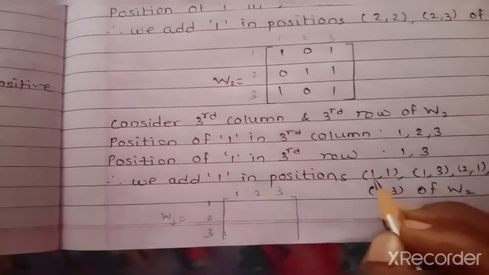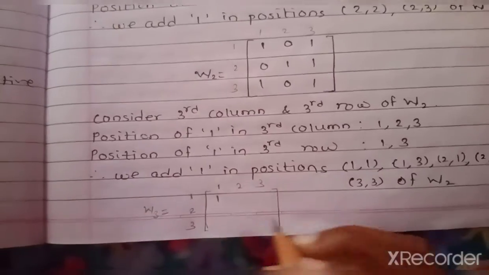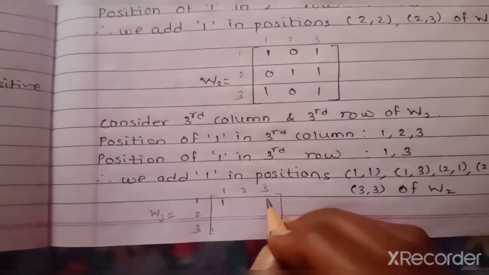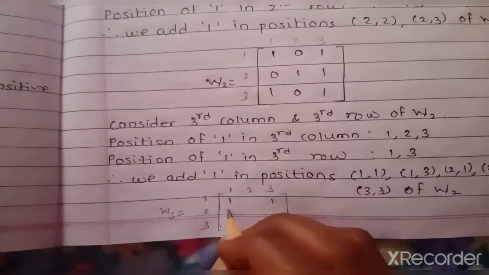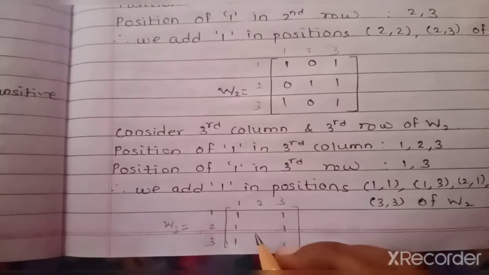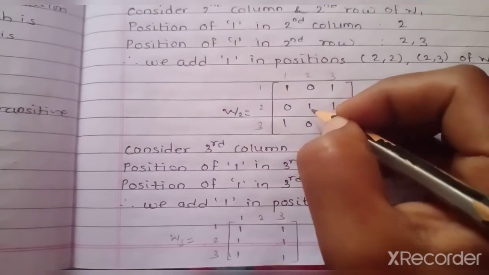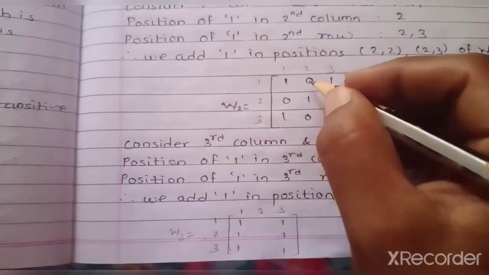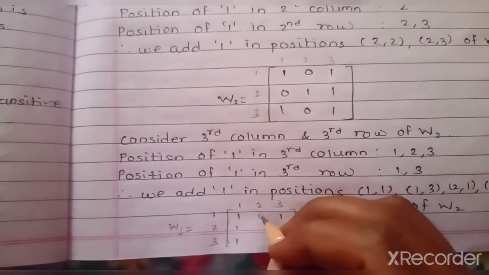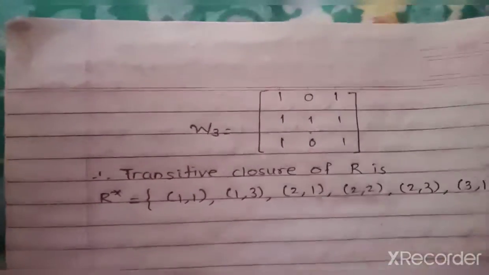Put here the ordered pairs' entries: 1 1 is 1, 1 3 is 1, 2 1 is 1, 2 3 is 1, 3 1 is 1, and 3 3 is 1. The other remaining entries we fill from its previous matrix, so it becomes 0 1 0. In this way we write down our W3 matrix.